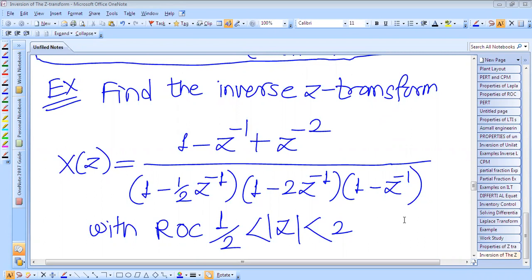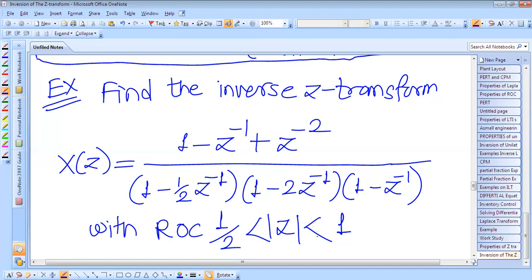Today we'll find the inverse Z transform of the given function X of z is equal to 1 minus z raised to power minus 1 plus z raised to power minus 2 divided by these three factors, with ROC magnitude of z greater than half and less than 1.